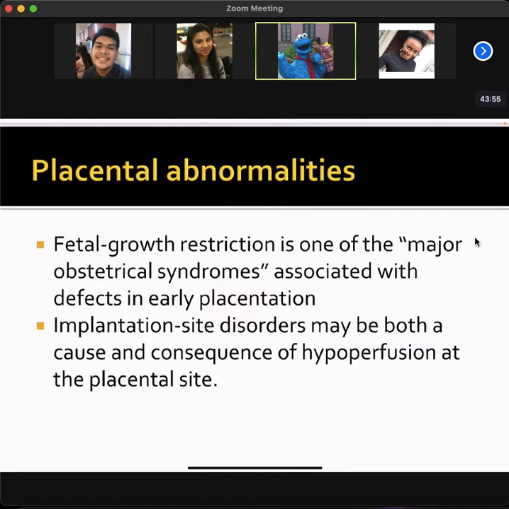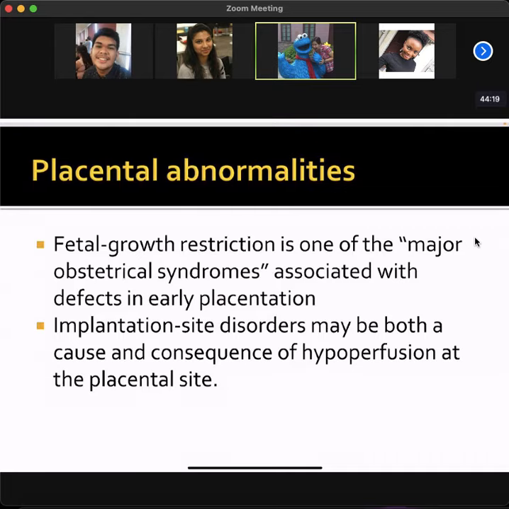Aside from a gross abnormality in the placenta, the mechanism of the placentation itself, which occurs in preeclampsia patients, causes growth restriction in affected individuals.